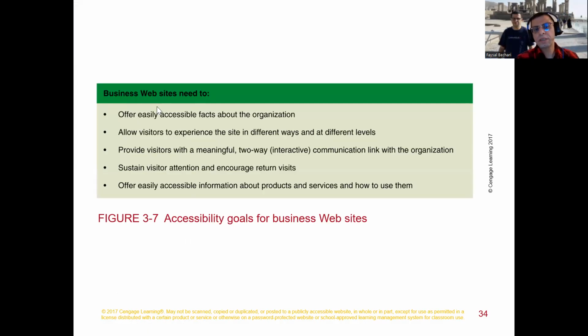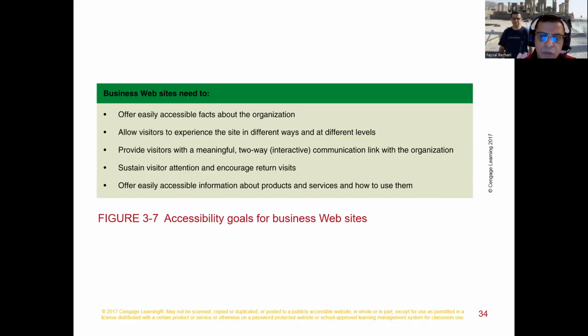Business websites need to offer easily accessible facts about the organization. If it takes too many clicks to get there, it's confusing. We avoid these problems. Allow visitors to experience the site in different ways and at different levels.